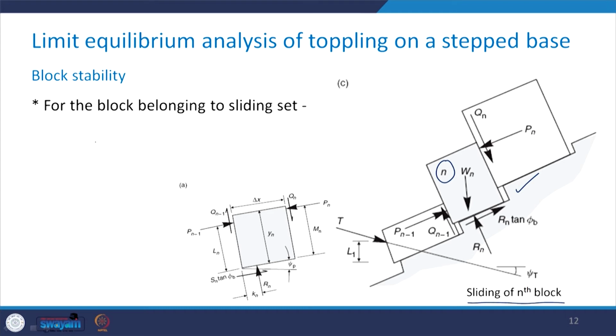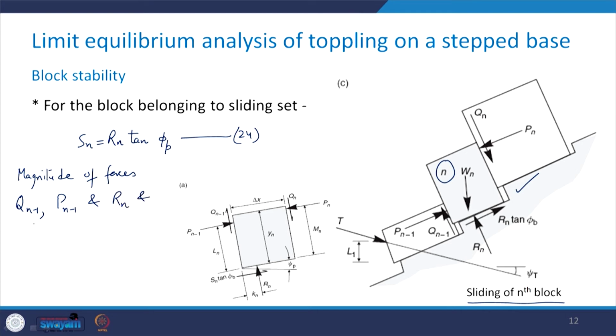So, what we are going to get here as Sn will be equal to Rn tan of phi p, that is equation number 24, and the magnitude of the forces, that is Qn minus 1, Pn minus 1 and Rn, and their points of application, which are Ln and Kn.